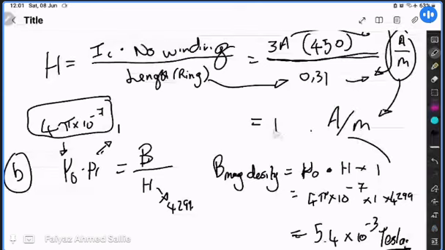let me just round this off to, what did you get? 3.5. Then 450 over 0.31.